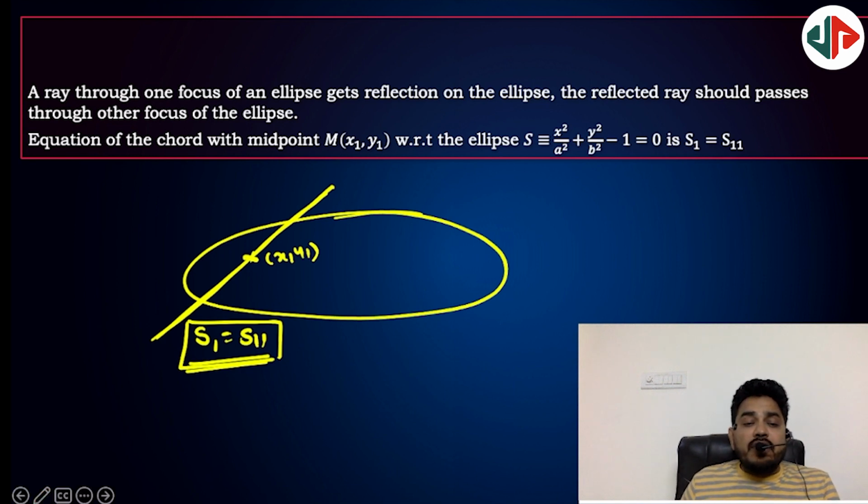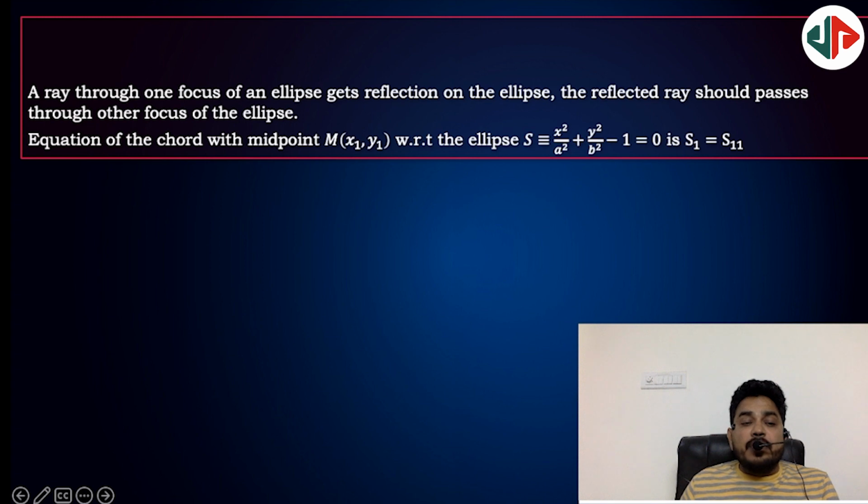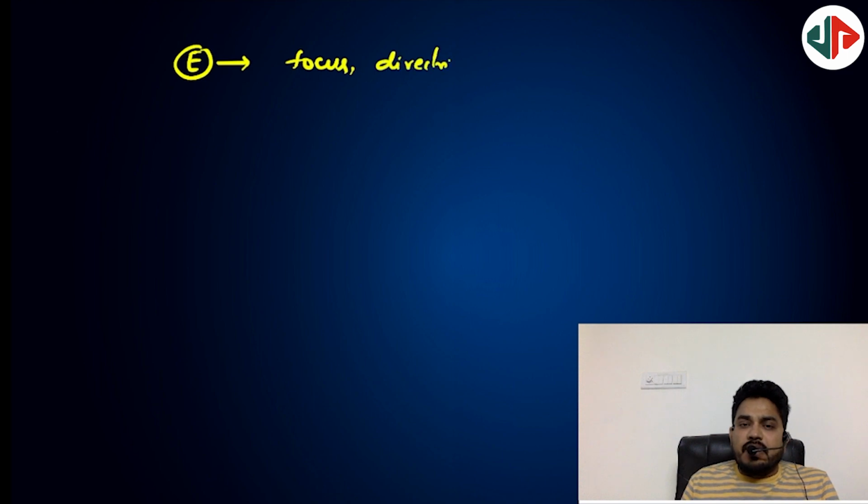So what all we need to discuss in this chapter is, when the ellipse is given, how to find the focus, how to find the directrix, what is the axis, etc.